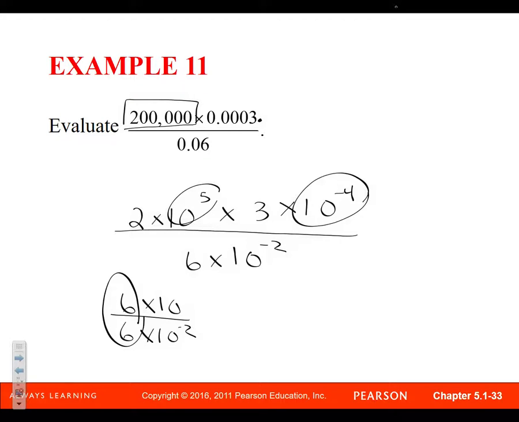What's 6 over 6? 1. And then that's negative 2, isn't it? So it's got to go to the top because we can't have it be a negative. So times 10 to the second ends up being times 10 to the third. Math. We're done.